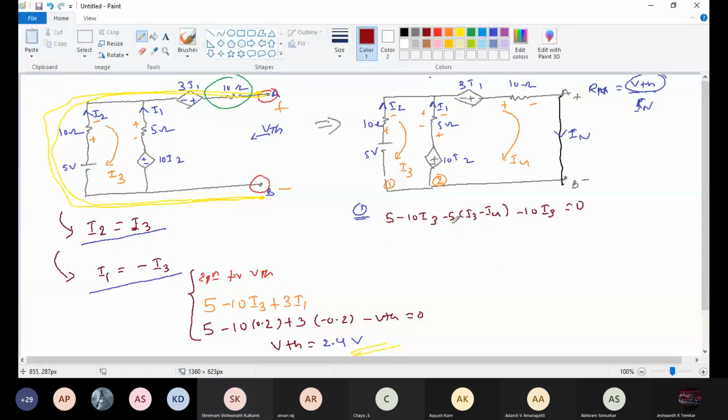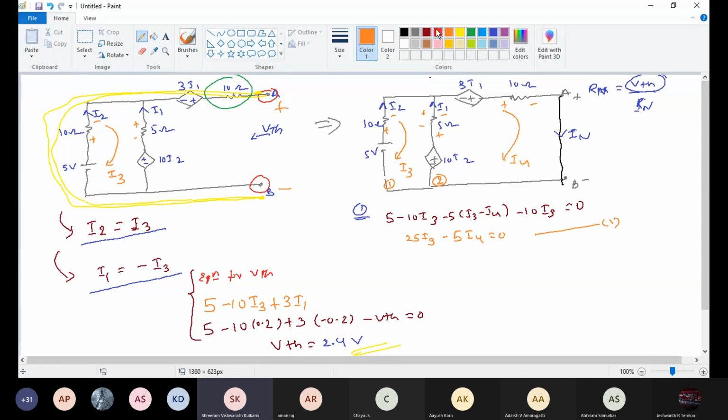Now simplify and tell me. 5 I4 equals 0. I call this equation 1.